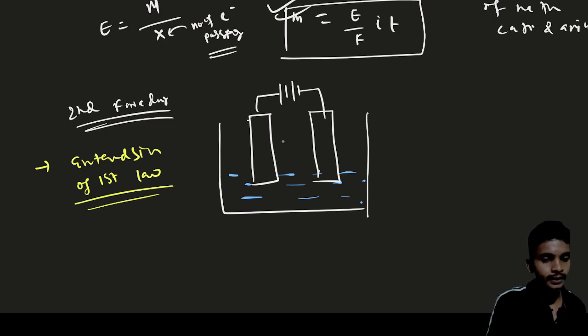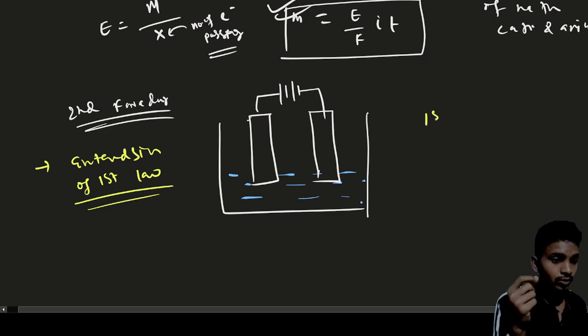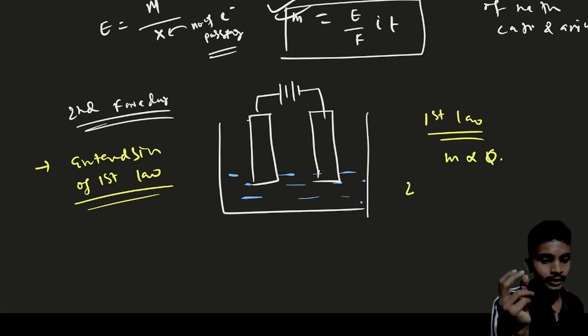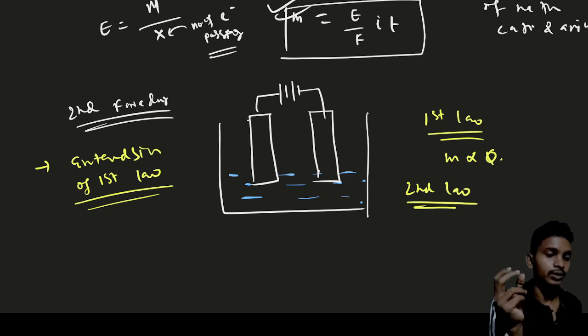The first Faraday's law says that the amount of mass deposited on the electrode is directly proportional to the amount of charge passing through the solution. The first law says M is directly proportional to Q. What does the second law say?